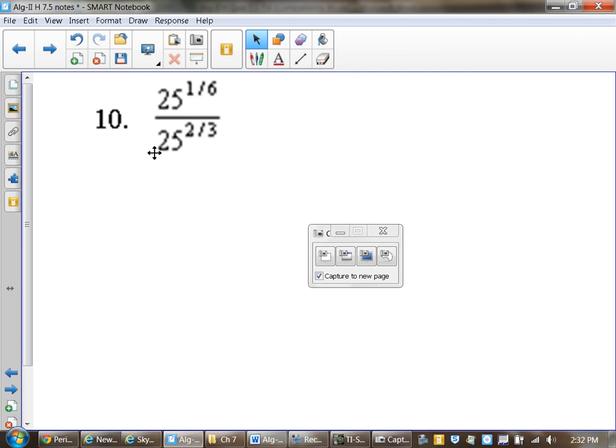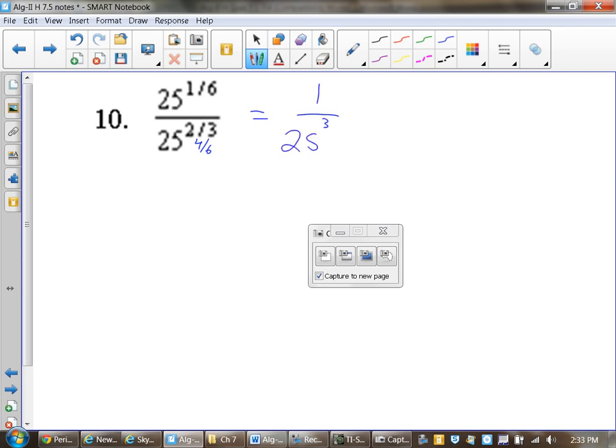Who wins? 1/6 or 2/3? 2/3. Now, that's the exact same thing as saying 4/6, correct? So what's 4/6 minus 1/6? 3/6. So it's 1/25 to the 3/6, which is the same thing as 1/25 to the 1/2, which is 1/5.